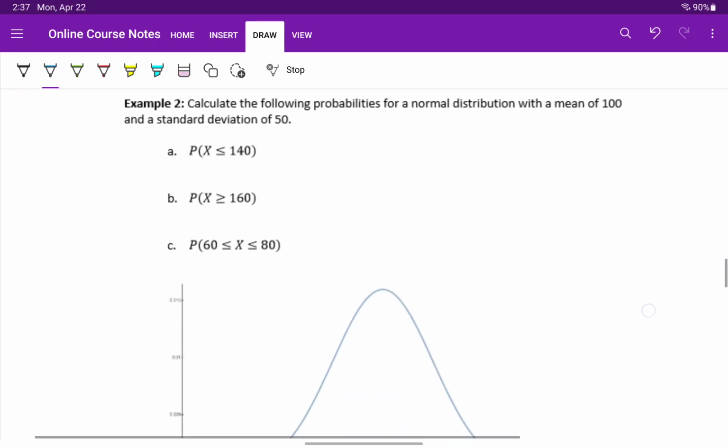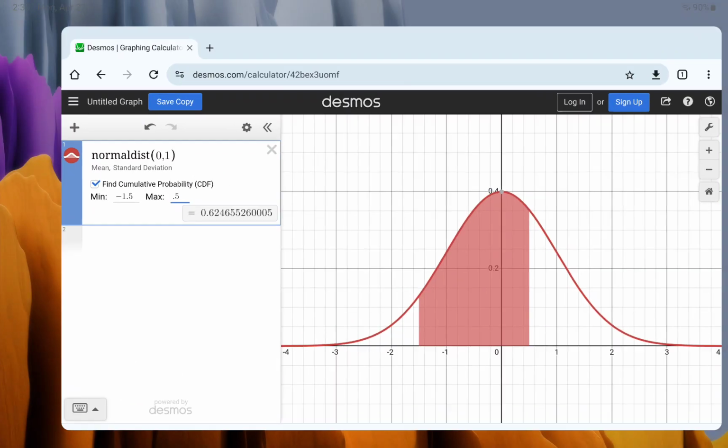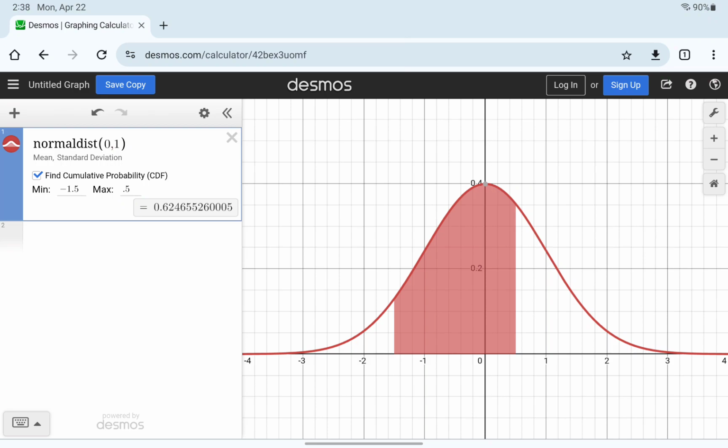We can do the same thing in example 2. All that's changing is that now we're dealing with a distribution that has a mean of 100 and a standard deviation of 50. But calculating our probabilities will follow the same pattern. We'll update our normal distribution for these new values.